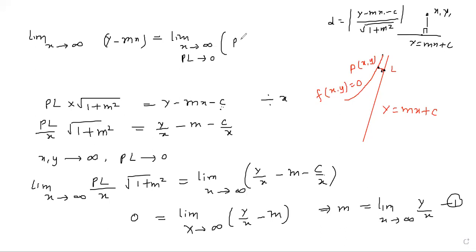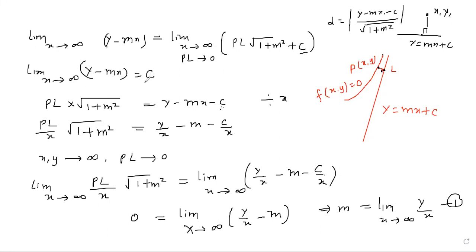So PL into root of 1 plus m squared plus c. Now further, limit x tends to infinity, and since PL is tending to 0, only c will be left, and here y minus mx equals c.